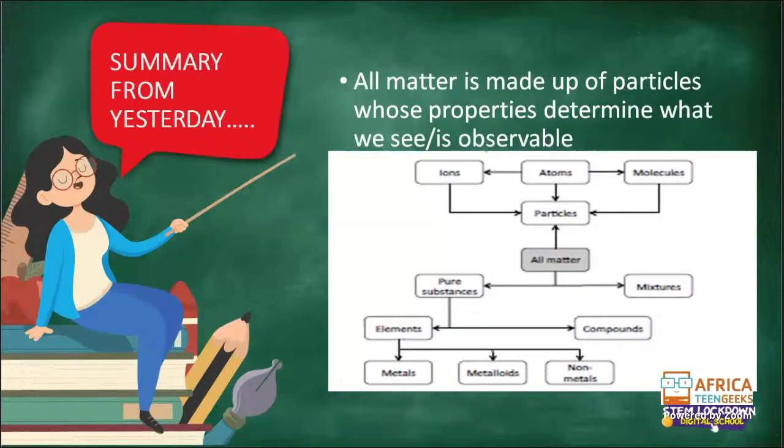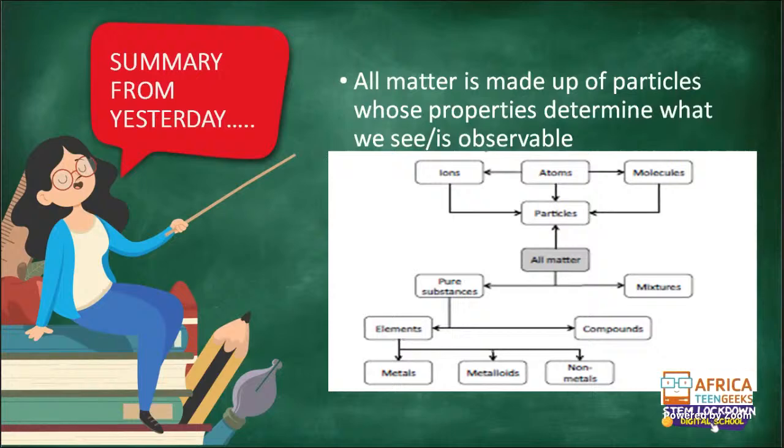I just want us to look at a summary of what we were doing yesterday. It is said that all matter is made up of what? Particles whose properties determine what we observe.